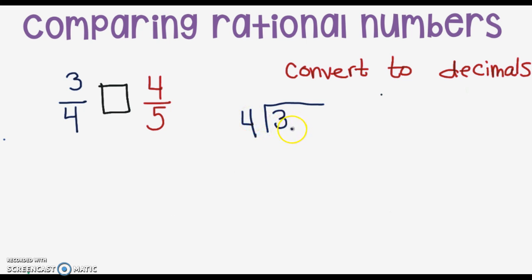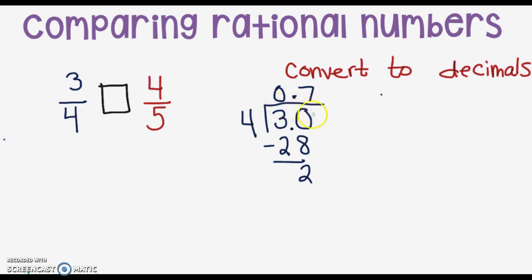I'm going to put my decimal place down because we know that this is going to be a number that is less than 1. 4 doesn't go into 3, but if we add a placeholder here, 4 goes into 30 7 times. 7 times 4 is 28. You take 30 and subtract 28, and you're left with 2.